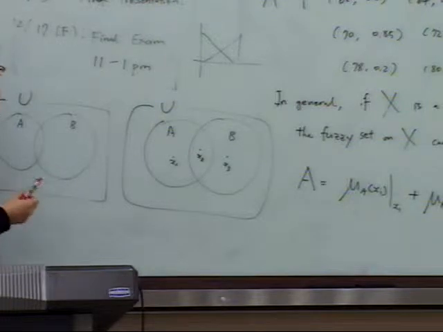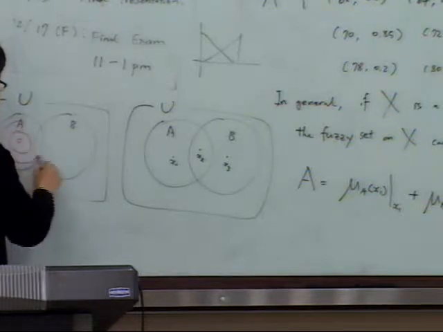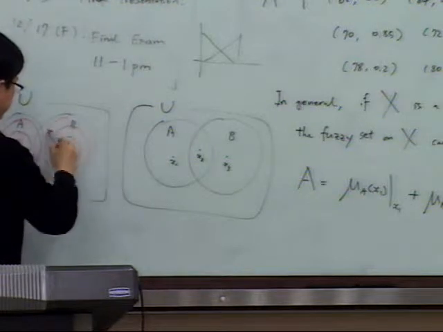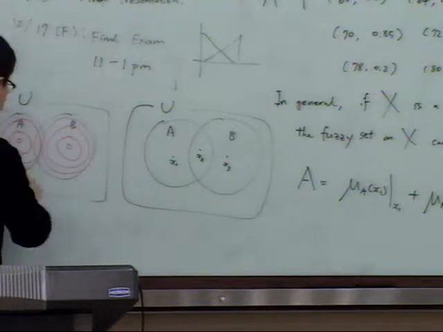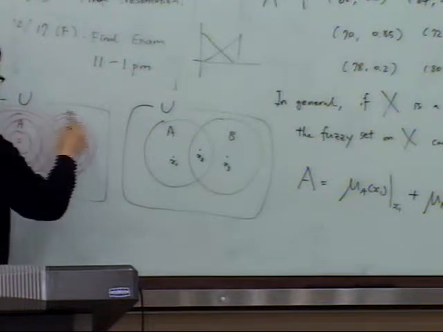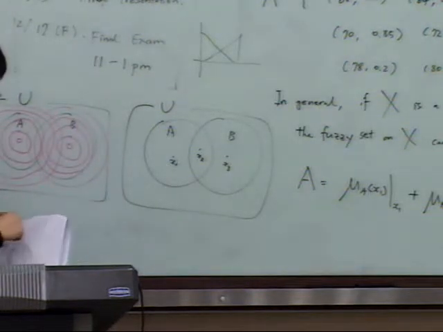You know, in a fuzzy set, there is no clear boundary. But think of some kind of contours. And the contour of A, contour of B, like that. Okay?